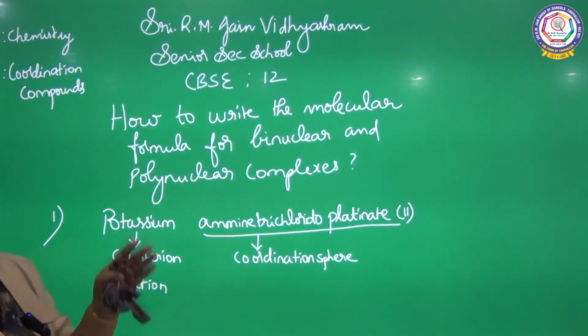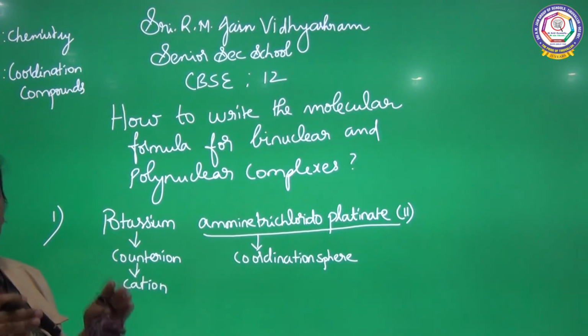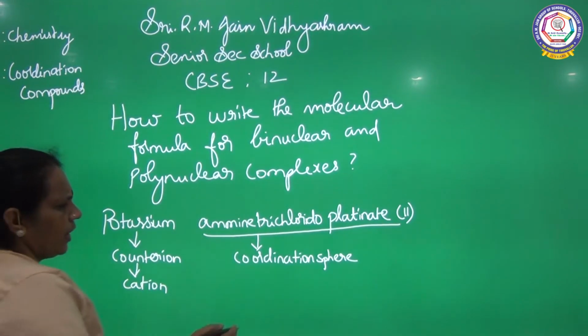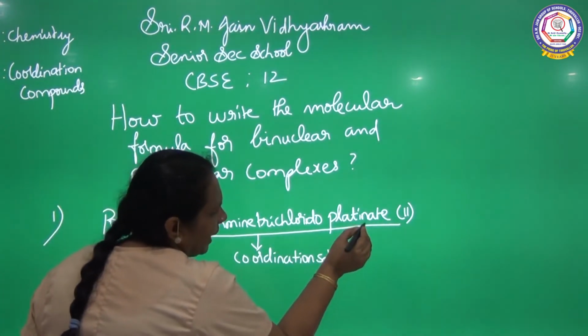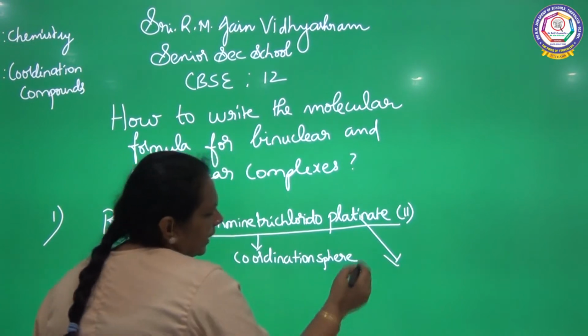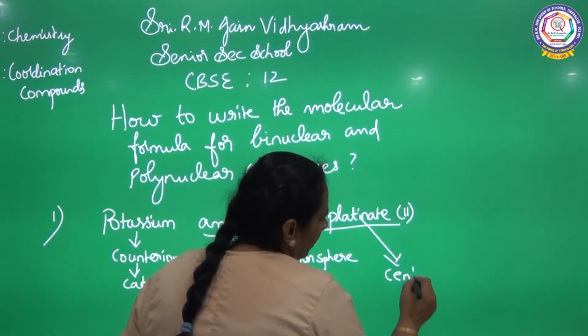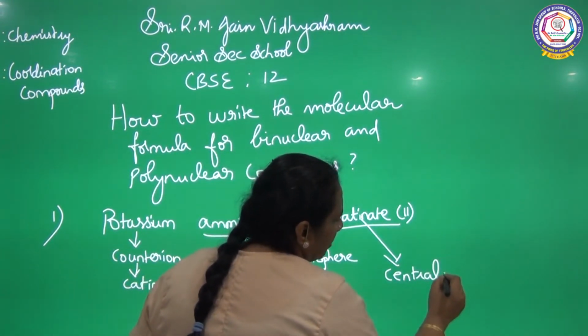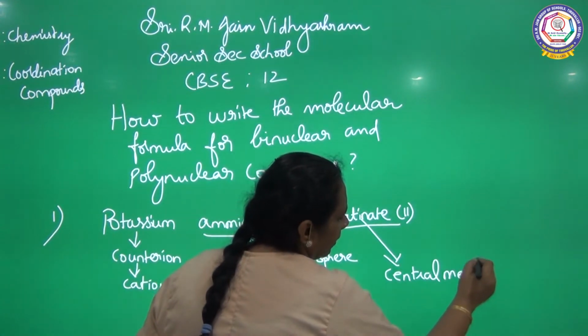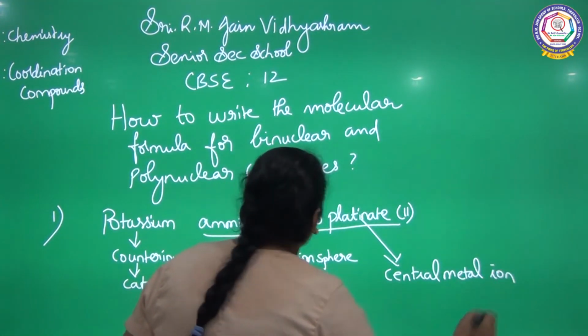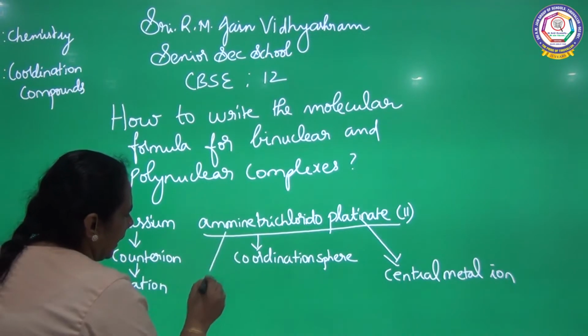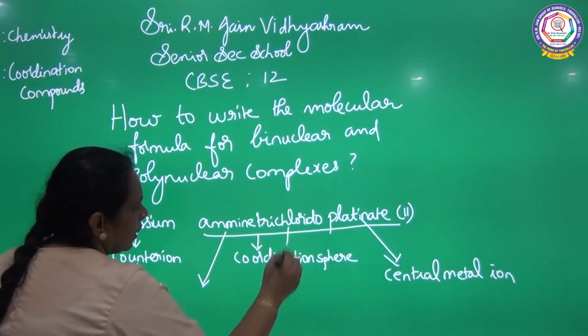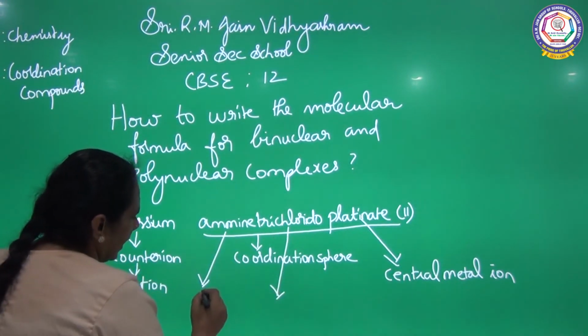Having underlined the coordination sphere, I have to see what ligands are present in it. When you talk about platinate, this is the central metal ion, platinum. Amine and chlorido are both ligands.